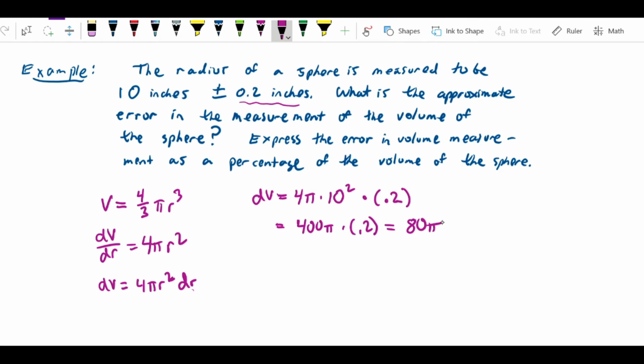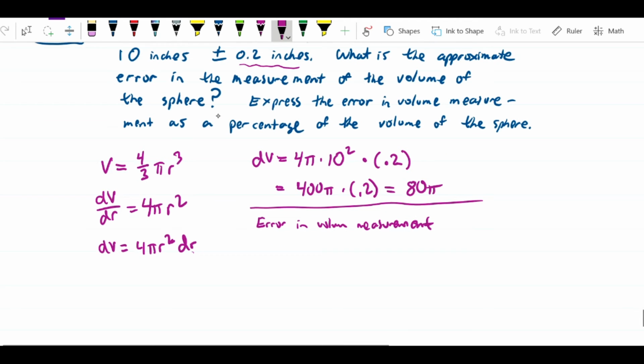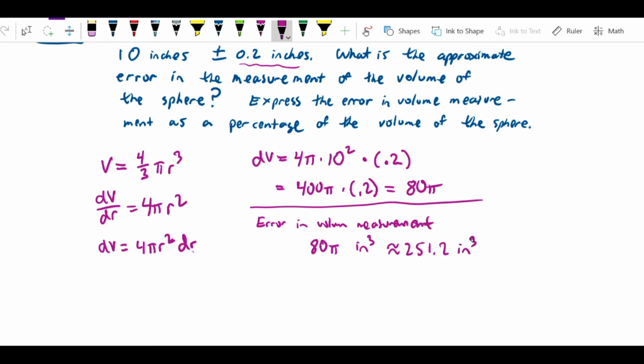So what that means is that we can say that the error in volume measurement, given that we had measured the radius to be 10 inches with possible error of 0.2 inches, is potentially 80 pi cubic inches, which is approximately equal to 251.2 cubic inches.